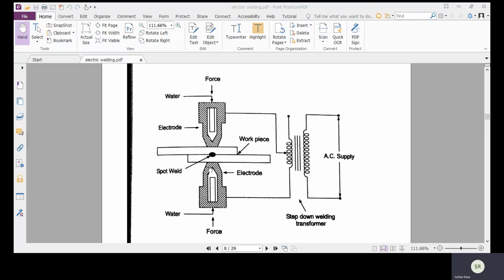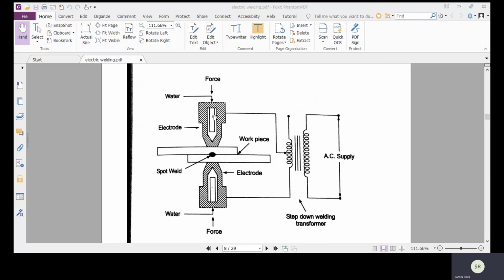The sheets to be welded are held overlapping between the two electrodes, one movable and the other fixed. Heavy current is passed through the electrodes. The pressure is applied from the top electrode by moving it downward.